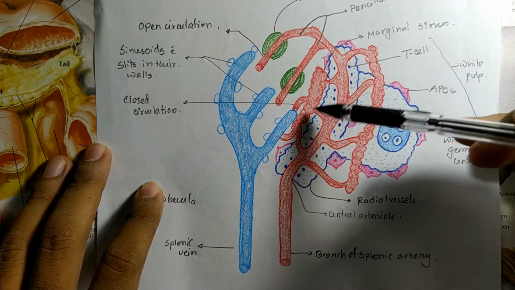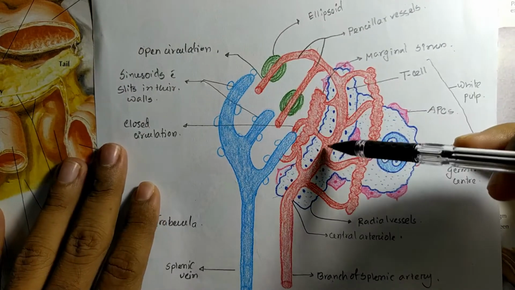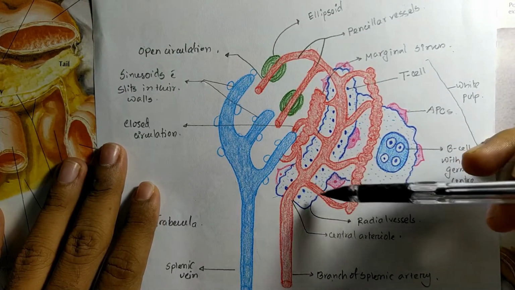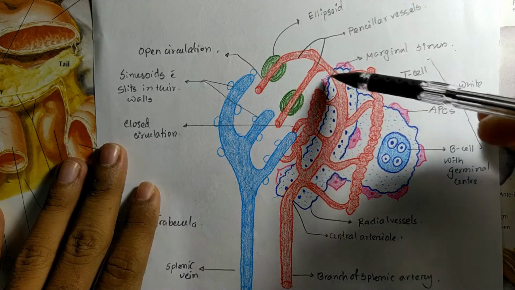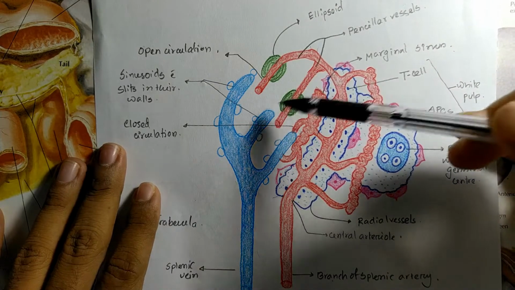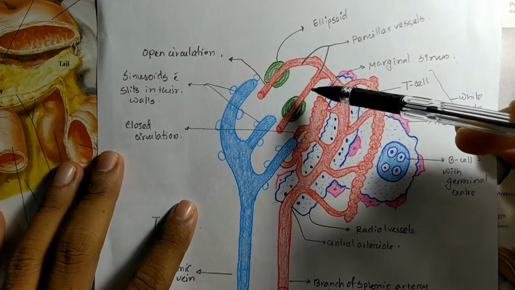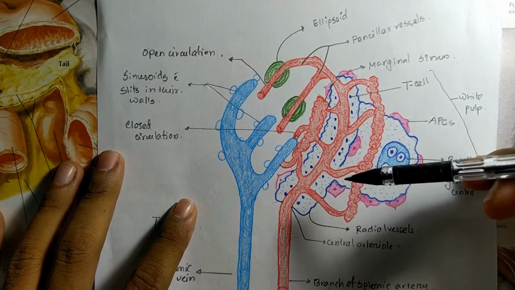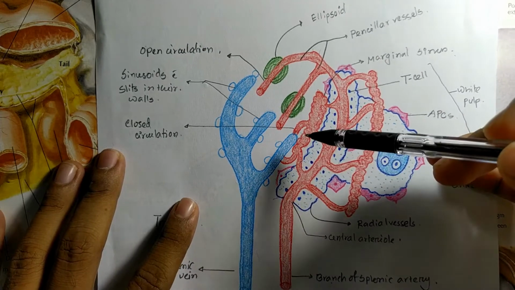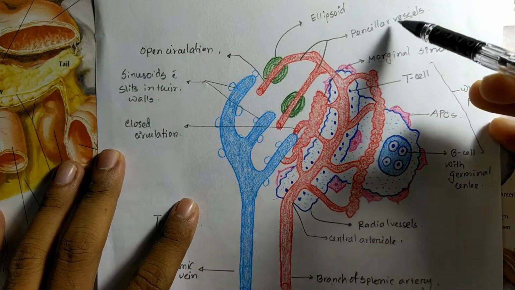Okay, these are called the penicillar arteries. These arteries become single or end arteries. They have no other branches surrounding, so these are called end arteries. In the case of the spleen, these arteries are called the splenic penicillar vessels.